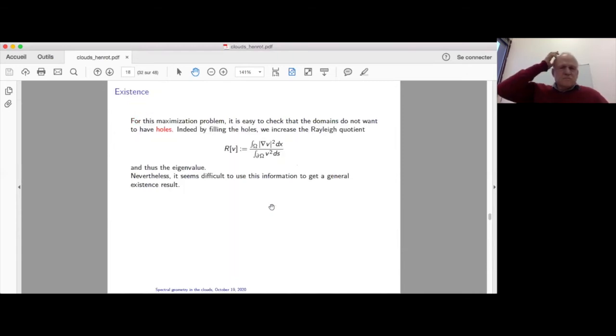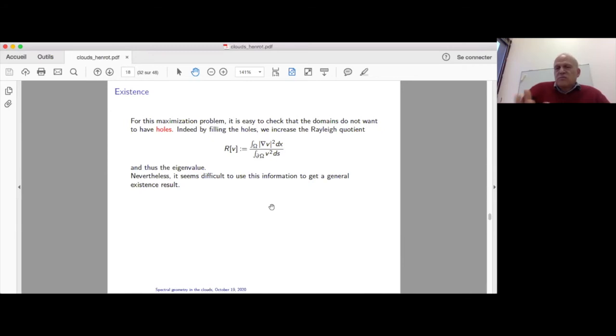Okay. So first of all, the existence question. The first observation is the following. If you have a domain with holes, so for example, imagine you are in 2D and you have a non-simply connected domain, a domain with some holes inside. What happens when you fill the holes?